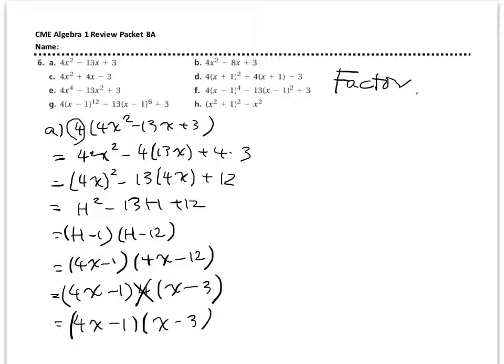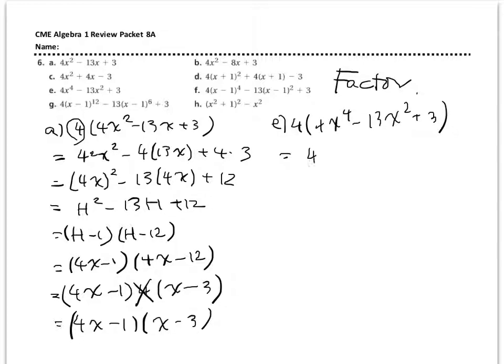And this problem is almost exactly like this one. So use the concept. We have 4 times 4x to the fourth minus 13x squared plus 3. And do the same concept.